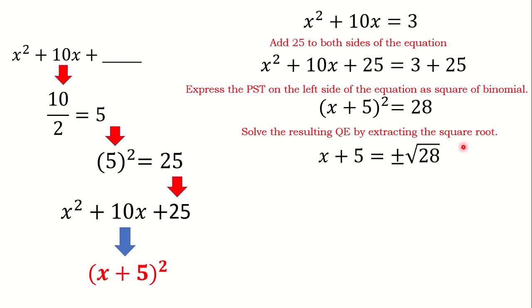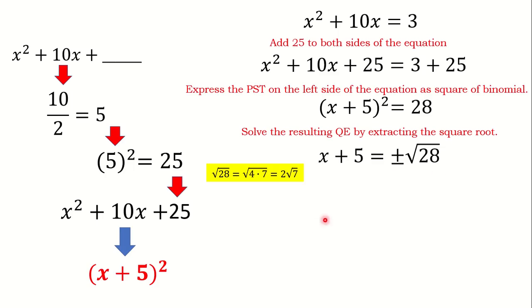Hindi pa. So, remember class, number 28 ay merong factor na may perfect squared. So, pwede pa natin extract yan. So, ano ba yung factor ni 28 na merong factor na perfect squared? That is 4 and 7.